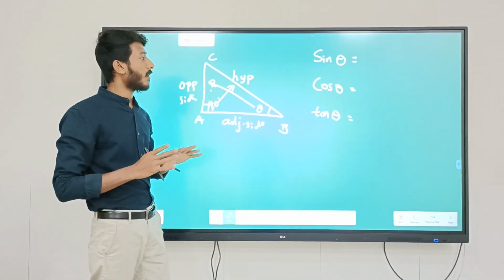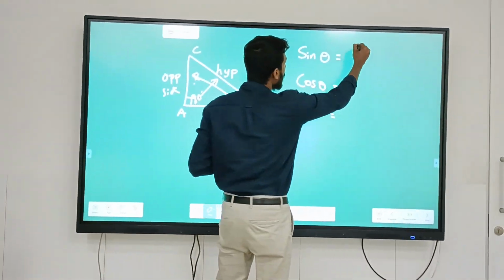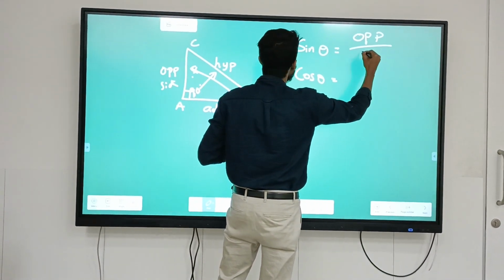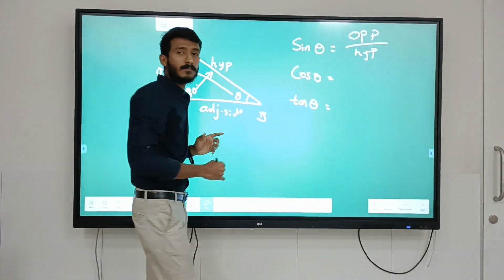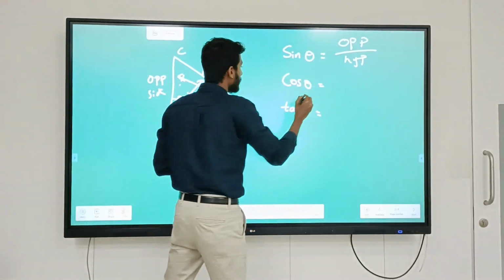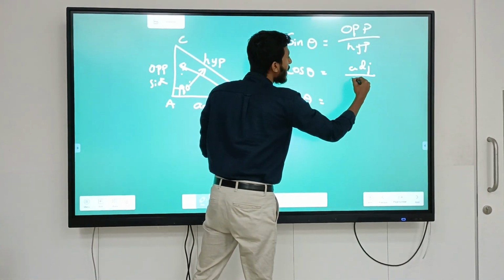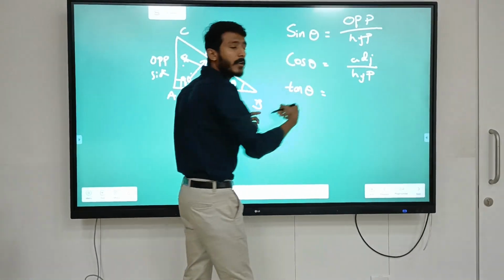Trigonometric ratios deal with the ratios of the sides of this right angle triangle. Firstly, sine theta is the ratio of opposite side to hypotenuse. Clear? The cos function is the ratio of adjacent side to hypotenuse.